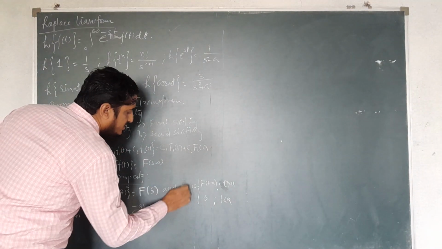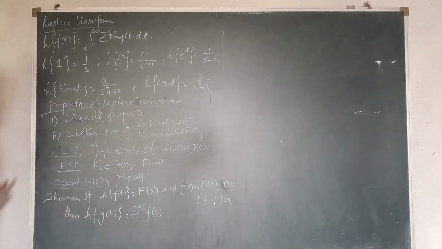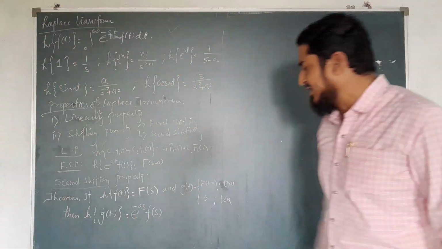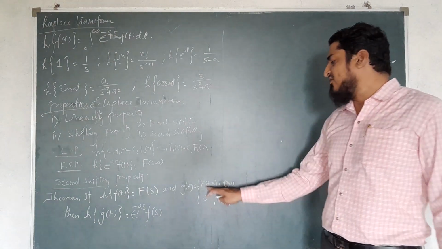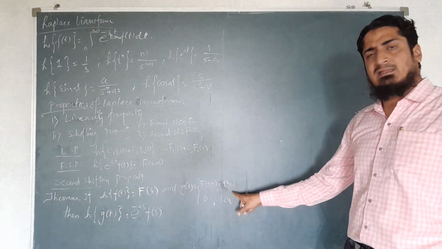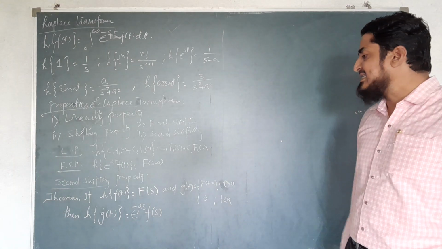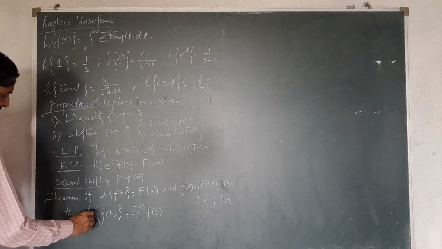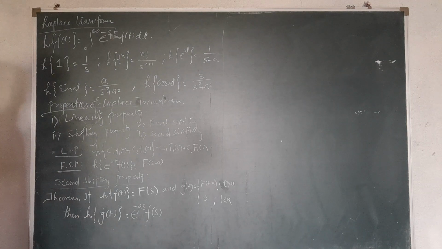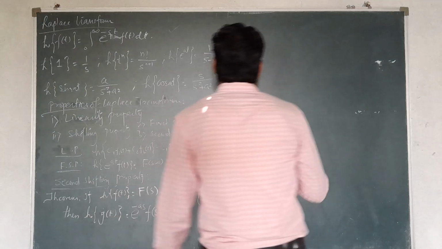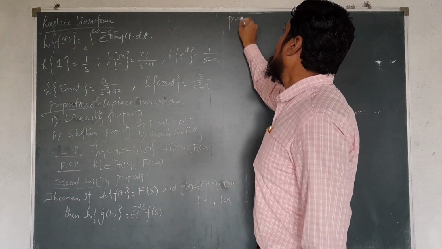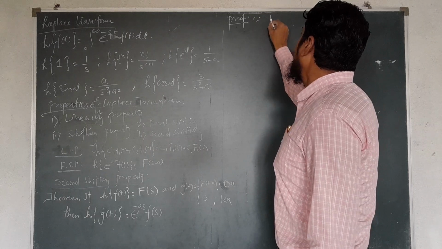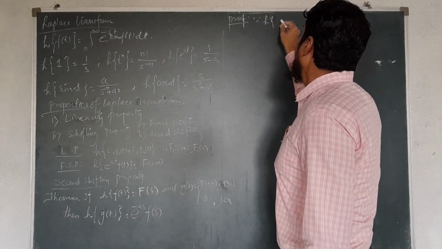Here we have g(t). Correct. The theorem is given as: if the Laplace transform of f(t) is equal to F(s), and g(t) is given as f(t minus a) whenever t is greater than a, and 0 whenever t is less than a, then the Laplace transform of g(t) is equal to e raised to minus as into F(s). So we will try to prove this property.